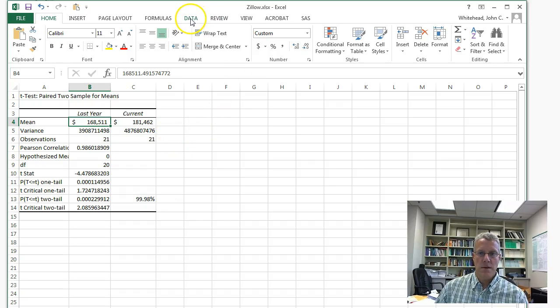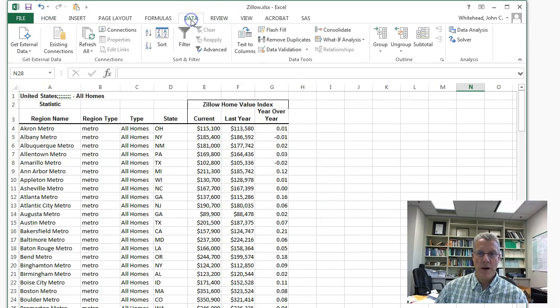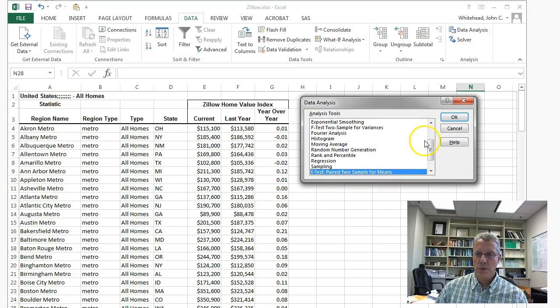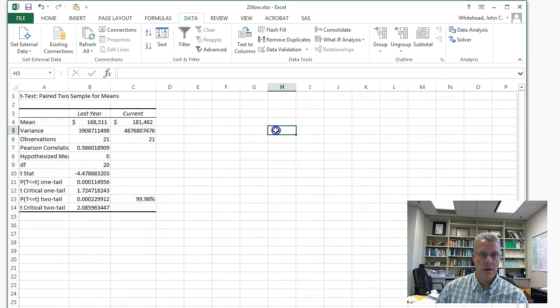Okay, and to compare that to the test where you assume that there's no relationship between home values in Akron last year and this year, let me go back over here.